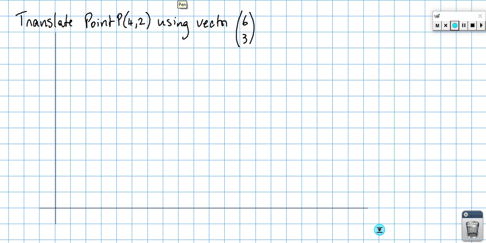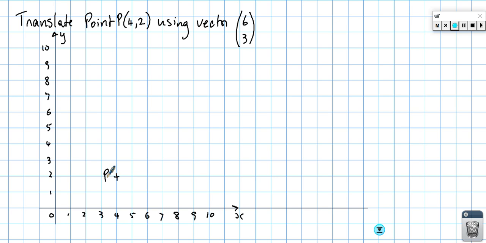So we have 0, 1, 2, 3, 4, 5, 6, 7, 8, 9, and 10. This is the y-axis. This is the x-axis. So I have the point 4,2. 4,2 is this point here. This is point P. We're going to translate the shape using vector 6, 3.